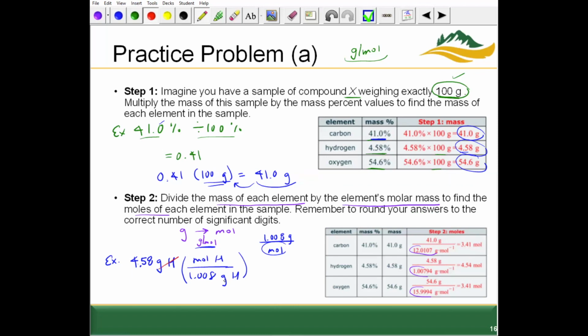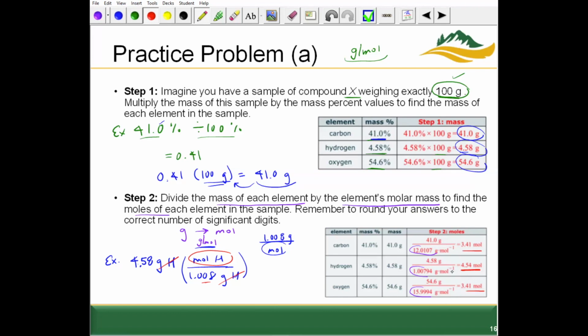Grams of hydrogen cancels out. We take 4.58 divided by 1.008, left with just units then of moles of hydrogen. So that's how we get this mole amount of 4.54, because essentially we're taking 4.58 almost divided by itself, divided by 1.008. We should repeat this for carbon and oxygen as well.